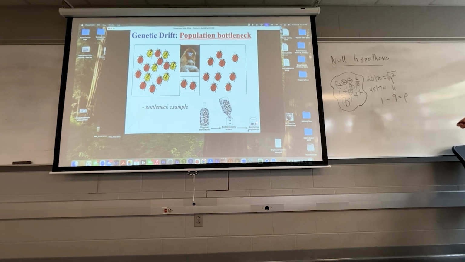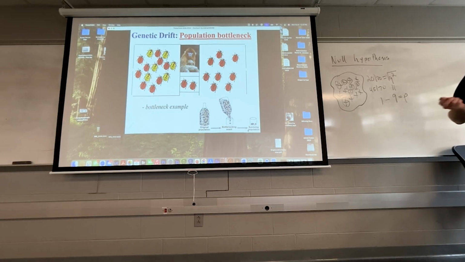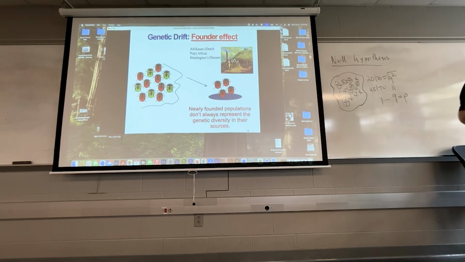These are the only ones that can breed now, and you're going to lose all of those alleles that you had. So that's considered a bottleneck effect. Happens a lot across the history of the Earth. We're obviously helping it a lot now with our destruction of habitat.